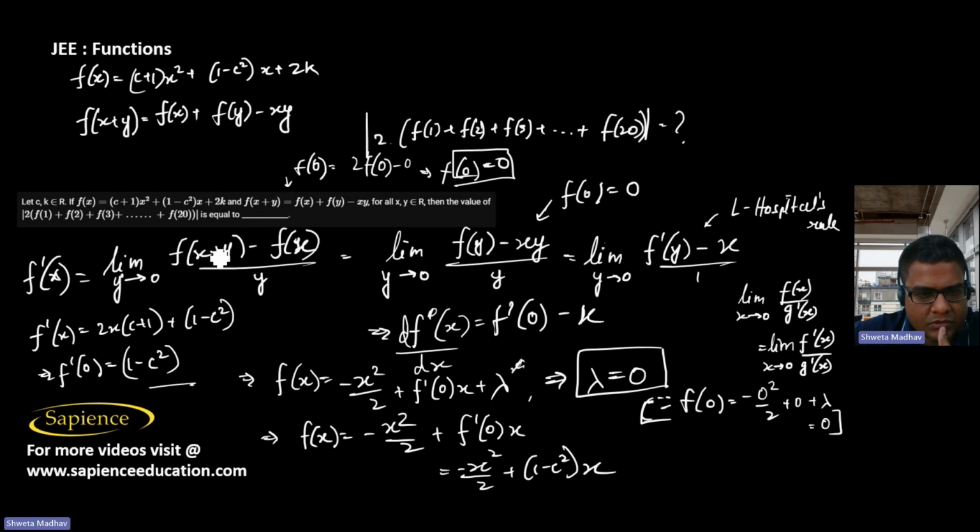Now if we compare these two equations, it is told that f of x is equal to c plus 1 into x square plus 1 minus c square into x plus 2k, and that is coming same as minus x square by 2 plus 1 minus c square into x.